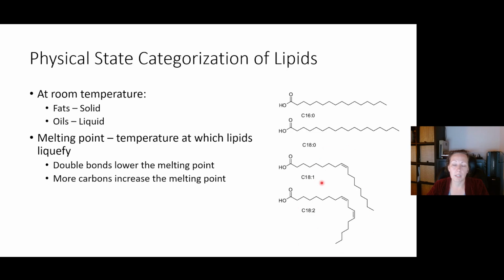The double bonds have a much greater effect than having fewer carbons. And that kind of makes sense. You can picture this tumbling image that I put in your head, this happening more easily with these kinks and these double bonds than these still straight structures.